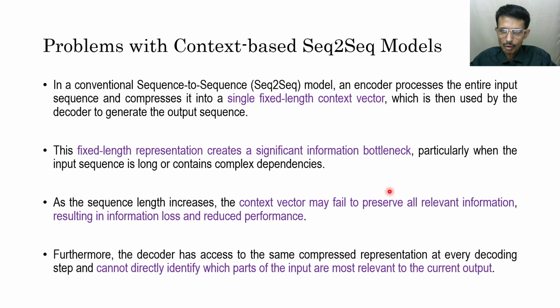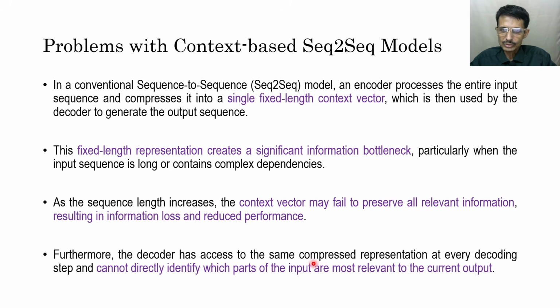This small context vector may not contain all relevant information from the input sequence, particularly if the input sequence is very large with complex dependencies. As the sequence length increases, the context vector may fail to preserve all the relevant information, resulting in information loss and reduced performance, which we have just discussed.